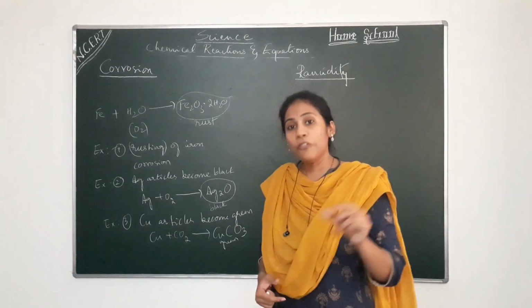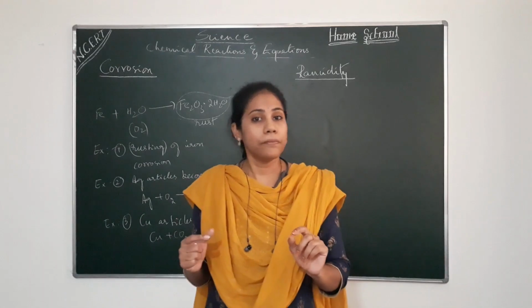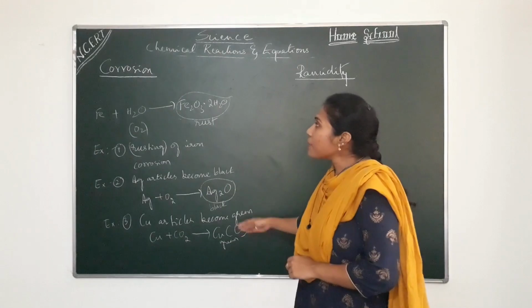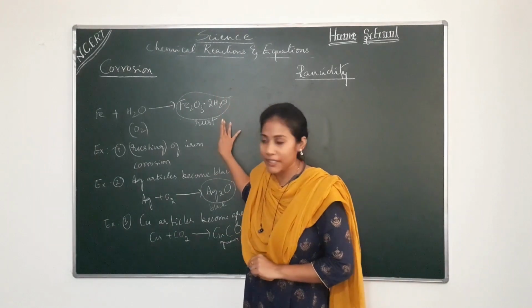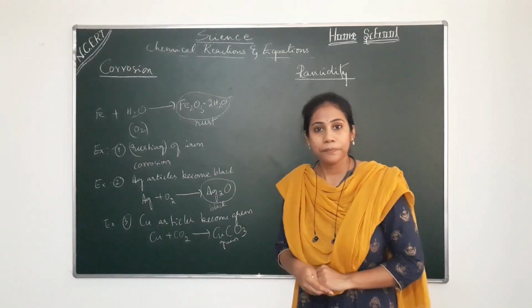That is how you observe that green coat on copper. So these are the 3 examples of corrosion you have to remember. The definition of corrosion is important, and the 3 examples are also very important.